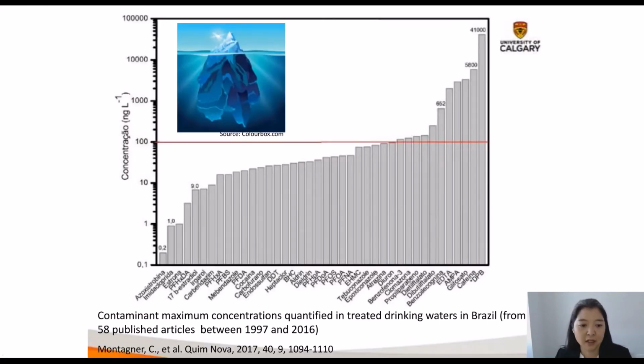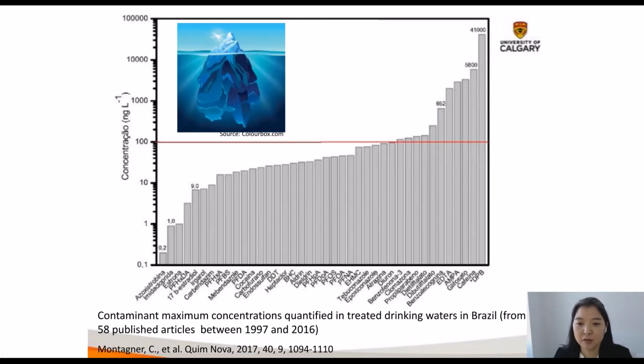In this slide, it's a review that compiles the maximum concentrations quantified in treated drinking waters in Brazil. What they found is different emerging contaminants. The highest were disinfection byproducts, which is expected.